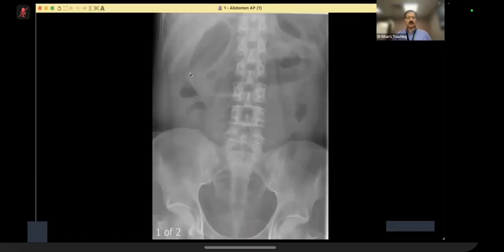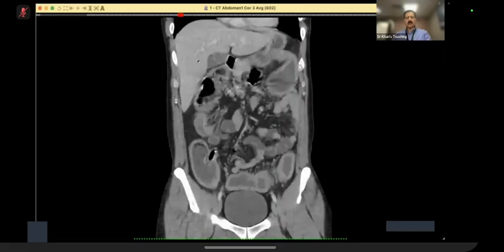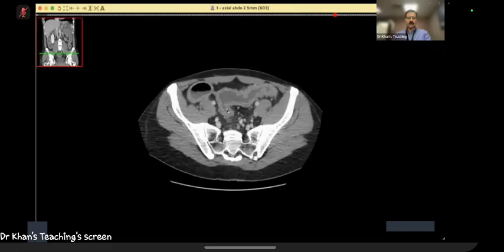That cannot happen on a supine film. There are other signs. The second thing is that this is not the duodenum. This is the transverse colon, which is going overlying. There are no haustra, etc.